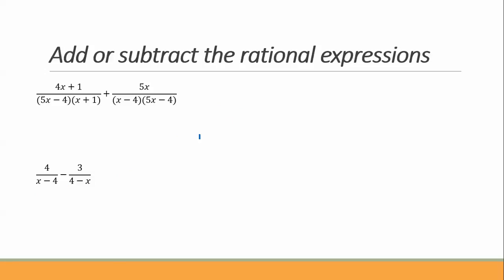Let's put the x first in both cases. So we have x minus 4, and then remember when we use the commutative property with 4 minus x, if we want to commute this, we have to change it to 4 plus a negative x, and then that commutes to minus x plus 4.